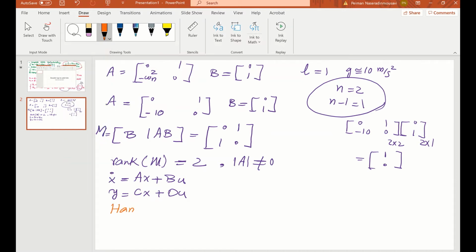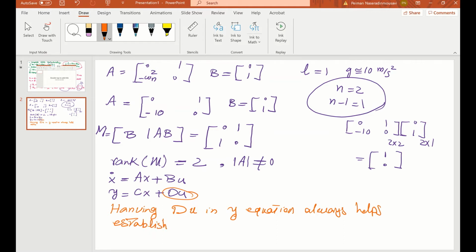Having Du in the y output equation, the y equation means here, always helps establish output controllability. You have to know this, okay?